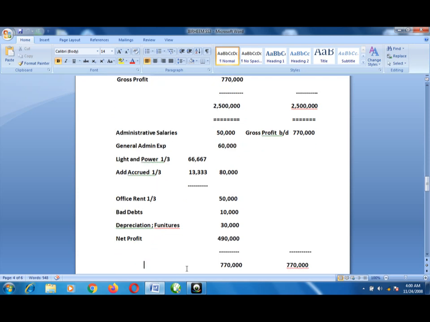And depreciation on furniture, remember you are asked to use the reducing balance method. Under this particular account, depreciation, you have a column: office fixtures and fittings, 100,000, and you are given the office fixtures and fittings at cost of 200,000.